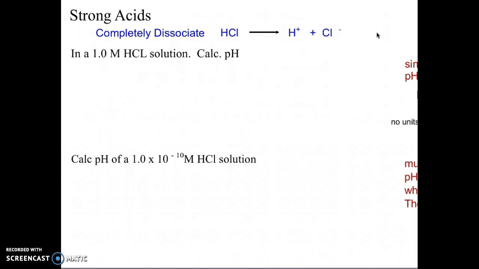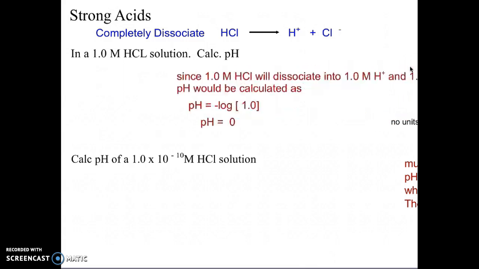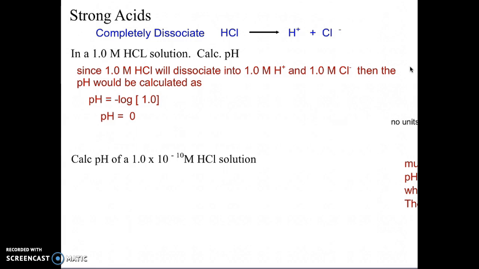Okay, so if they asked you to calculate the pH of a 1 molar hydrochloric acid solution, since 1 molar hydrochloric acid will dissociate into 1 molar hydrogen ions and 1 molar chloride ions, then we know what the hydrogen ion concentration is.